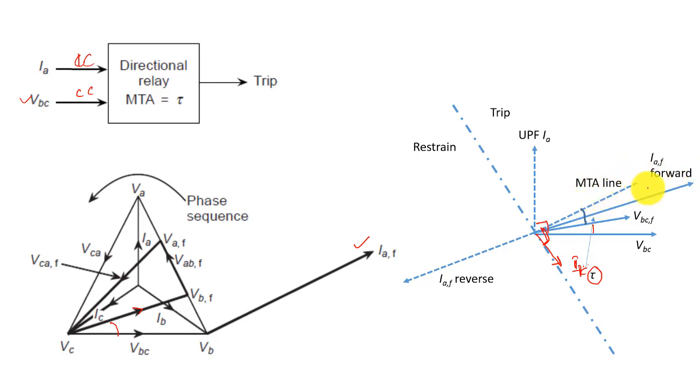So now we can see that the forward fault current IF is lying in the trip region, and IF reverse is lying in the restraining region.